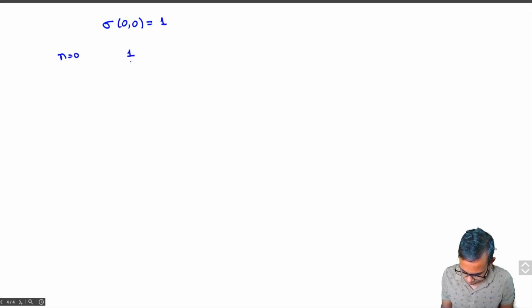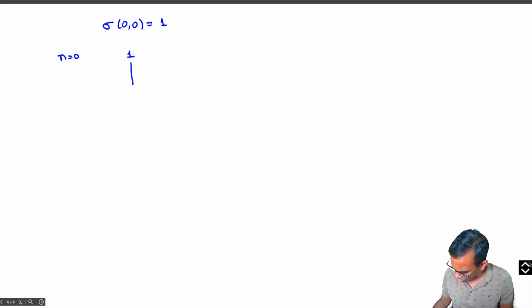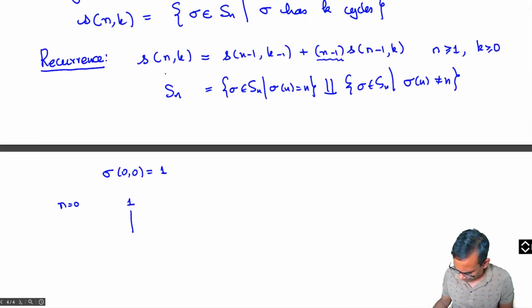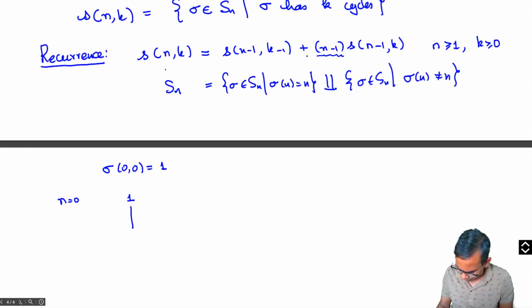n equals 1. Well, so if you look at this thing here, we have n equals 0, so here n equals 1, so we will draw arrows like this.